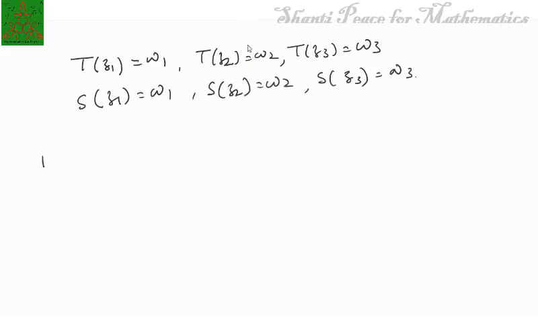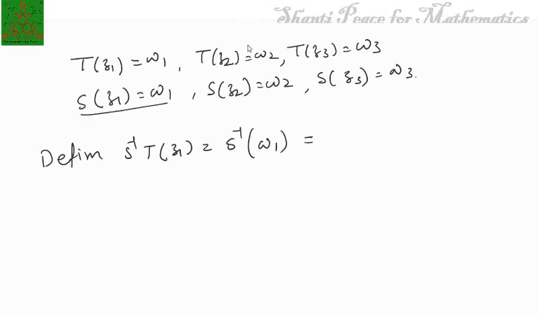Now define this map S inverse of T. What is S inverse of T Z1? It is S inverse of T Z1 is W1 and T inverse of W1 is Z1. In the same manner we can say that S inverse of T Z2 is Z2 and S inverse of T Z3 is Z3.